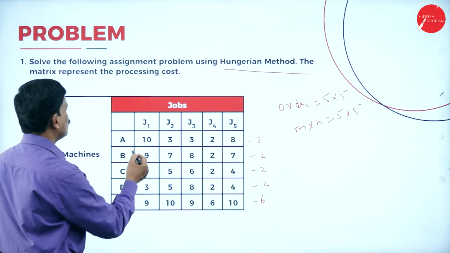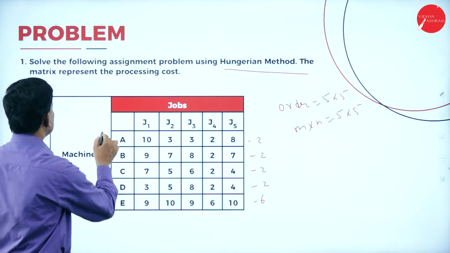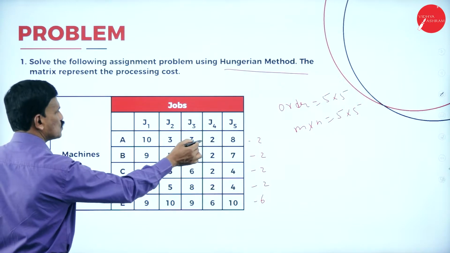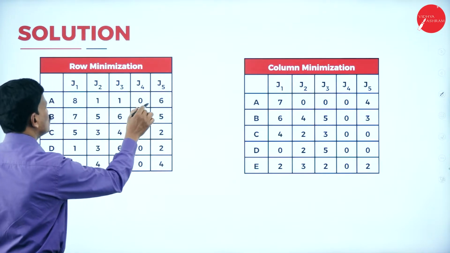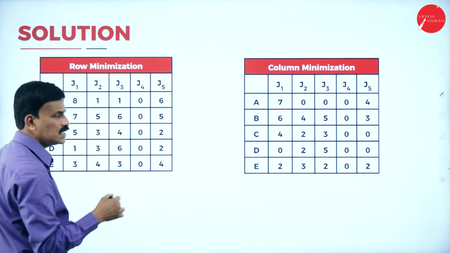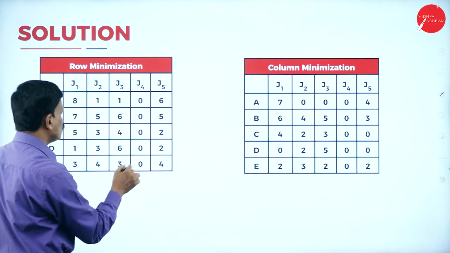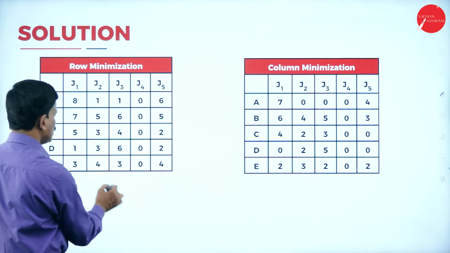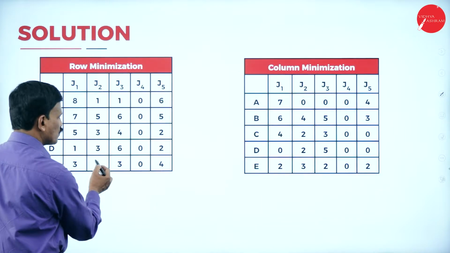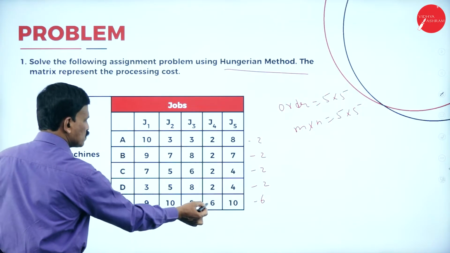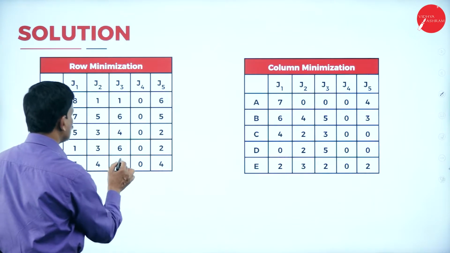What elements are we going to get here? 8, 1, 1, 0 and 6. These are the elements we get after subtracting 2 from each element. And in the last row, 9 minus 6 is 3, 10 minus 6 is 4, 9 minus 6 is 3, 6 minus 6 is 0, and 10 minus 6 is 4.